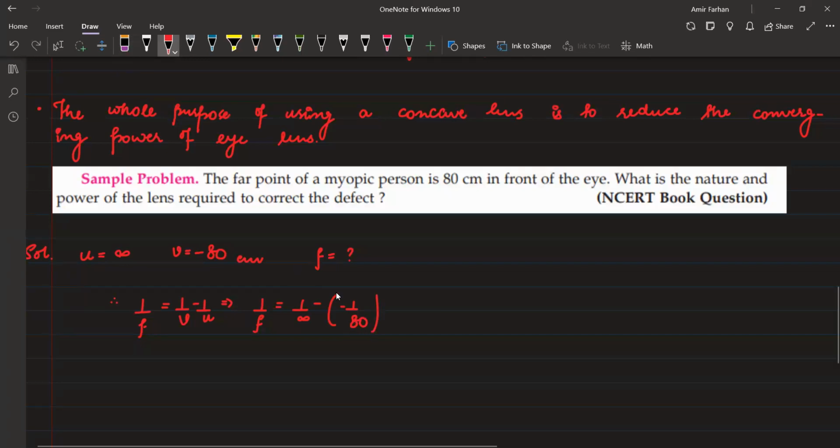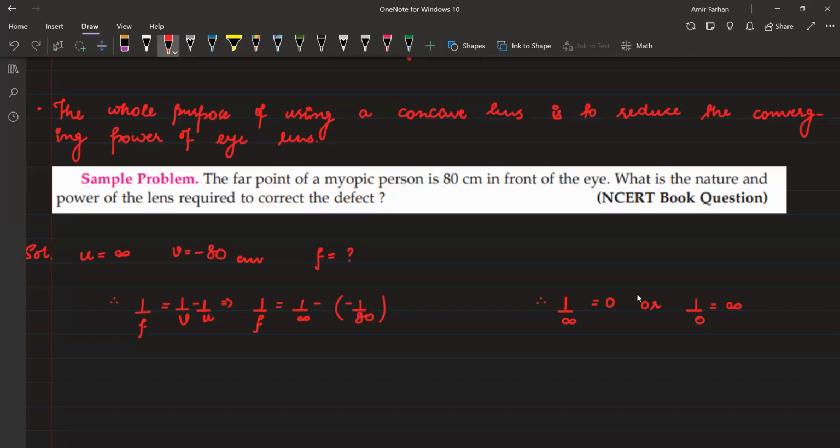Can anybody tell me the value of 1 by infinity? Okay, let me tell you. 1 by infinity is equal to 0, or 1 by 0 would be equal to infinity. Okay?